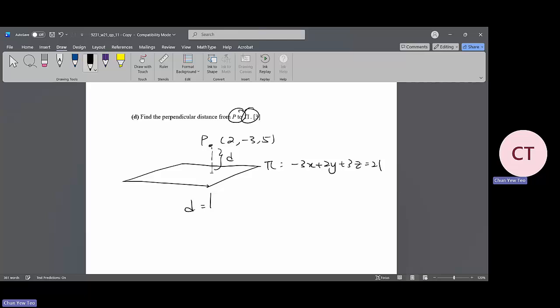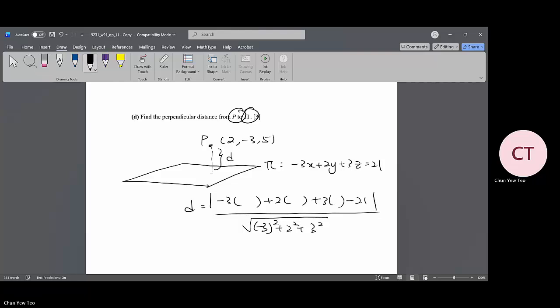So we just need to make it |-3x + 2y + 3z - 21| divided by the square root of (-3) square plus 2 square plus 3 square. And for the x, y, z inside here, we fill in the values.